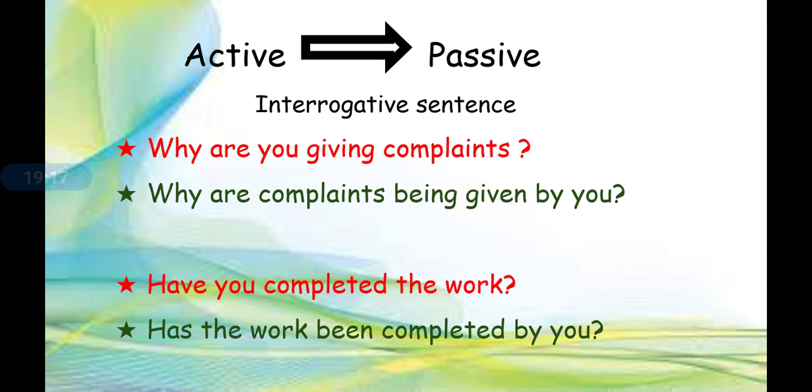We are using being in the passive voice because the sentence is there in the continuous tense. And we should not change the tense, so we are using are. So present continuous tense question is there and passive voice also should be in the present continuous tense only. Why are complaints being given by you? This is in the passive voice.